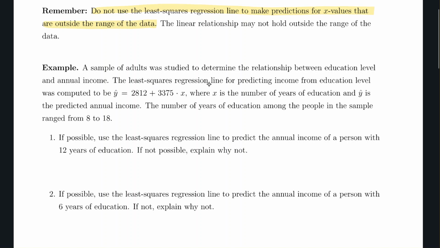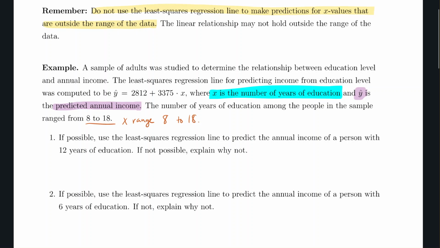The least squares regression line for predicting income from education level was computed to be y hat is 2812 plus 3375 times x, where x is the number of years of education, and y hat will be the predicted annual income. The number of years of education among the people in the sample range from 8 to 18, so my x values range from the lowest end of 8 up to the highest end of 18 in the sample.